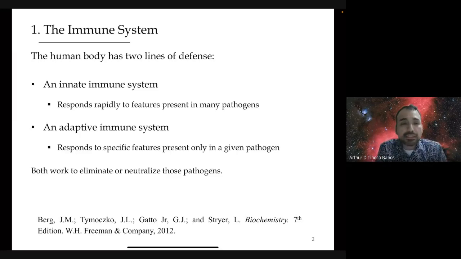The innate system responds rapidly to features present in many pathogens, so common structural components, whereas the adaptive immune system responds to specific features present only in a given pathogen. The idea is that they both work to eliminate or neutralize those pathogens.